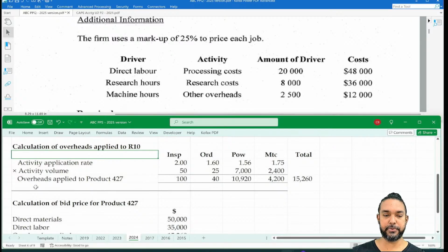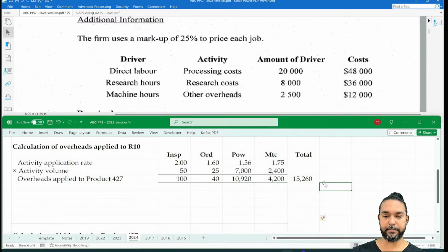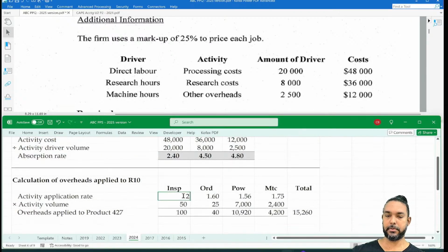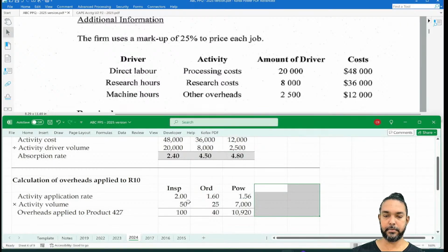And then what I'll do is we'll make some room. R11. Okay. So shift cells up, right? Cool. So 2.4, 4.5, and then 4.8.